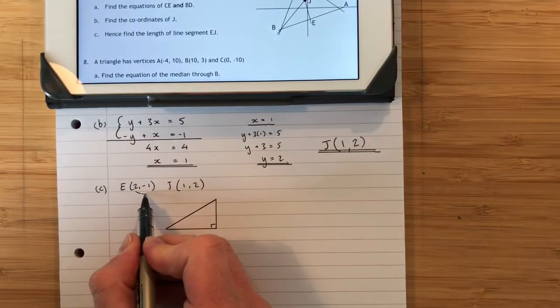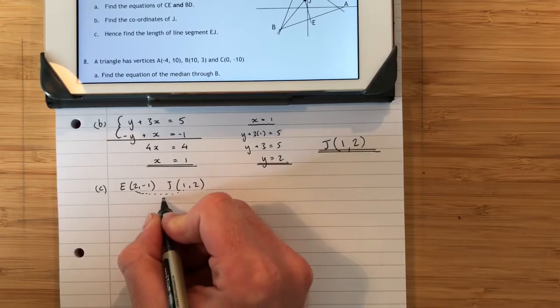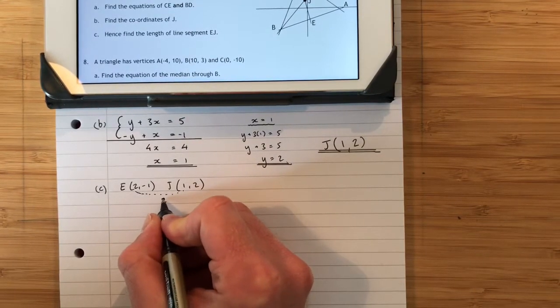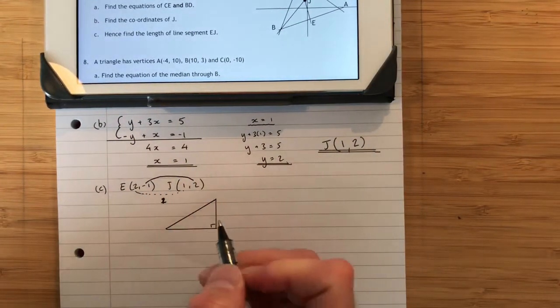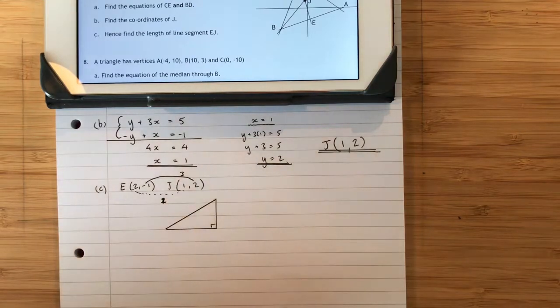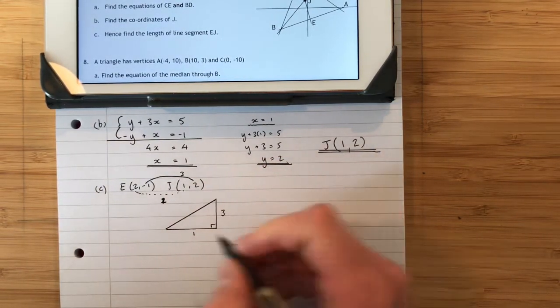The distance from 2 to 1 is a distance of 1. From negative 1 up to 2 is a distance of 3. So my x distance is 1, my y distance is 3.